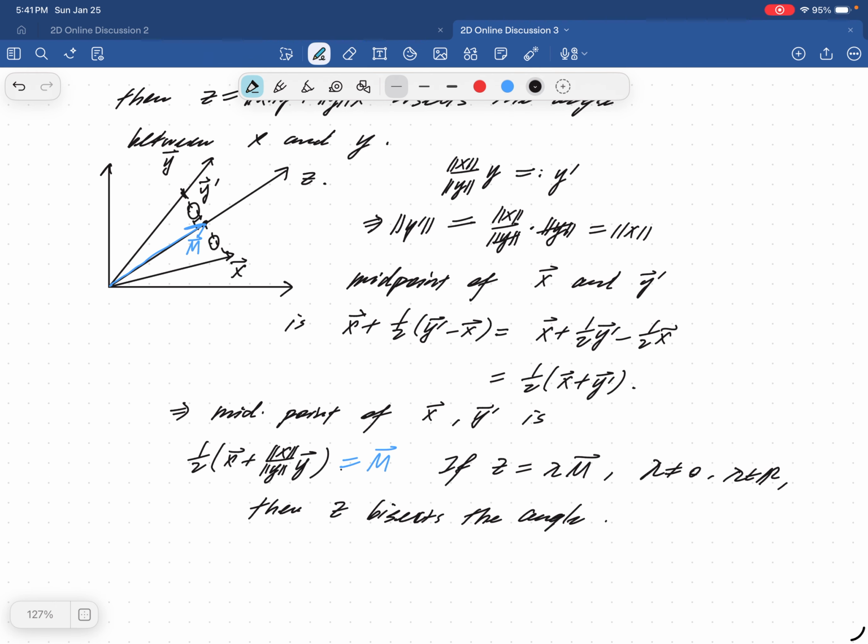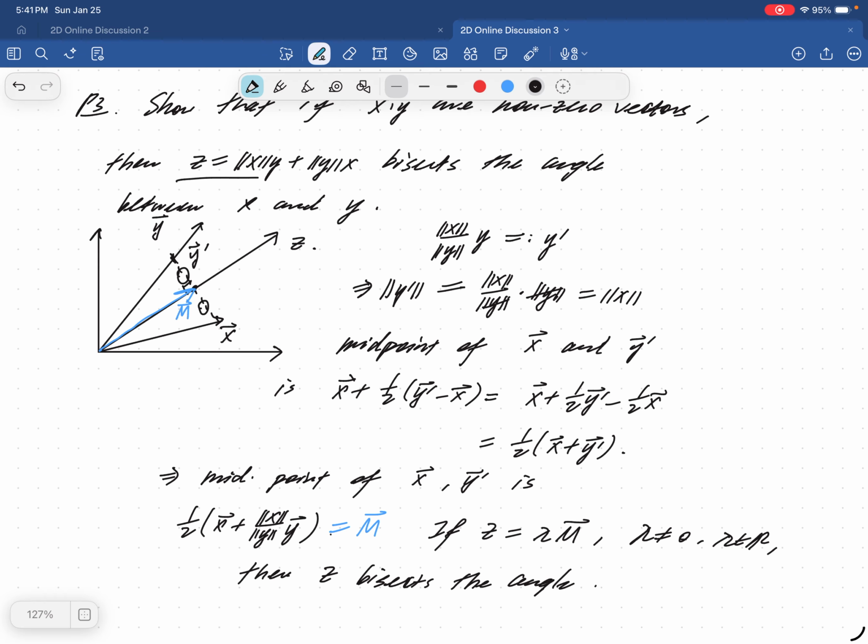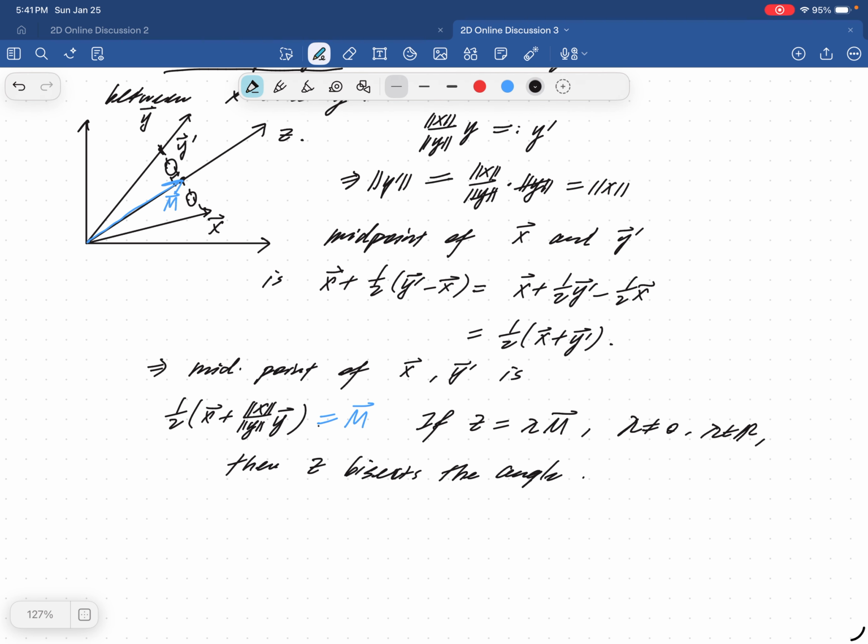But then recall what is our z here? This is norm x, y, plus norm y, x. But this is exactly equal to 2 times norm y times m, right?